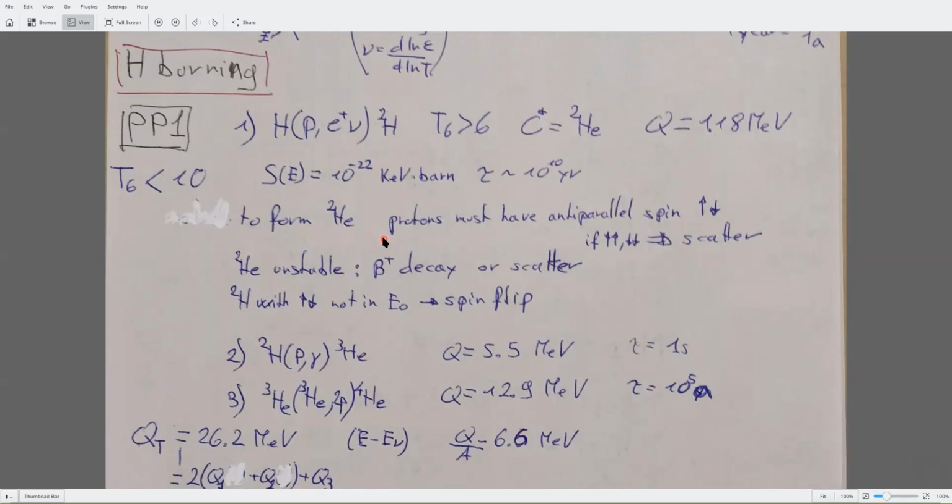Between PP2 and PP3, which use the same atom to start the reaction, it depends on the temperature and obviously the presence of helium. The more helium you have, the more probable the start of PP2 and PP3 is. But below, like the million, definitely PP1 is dominant. And the sun arrives at a little more than 10 million, 13, 14.